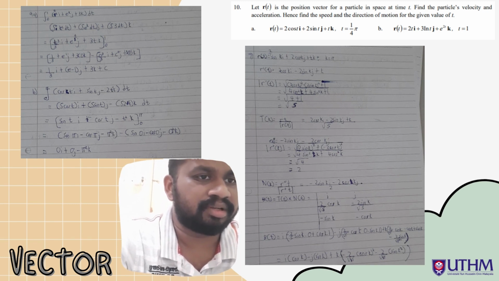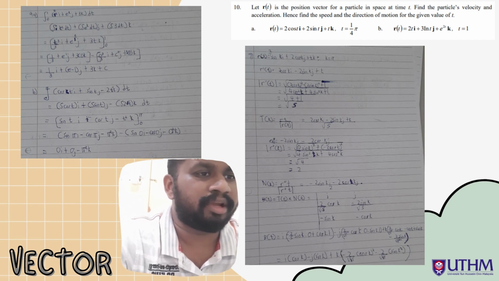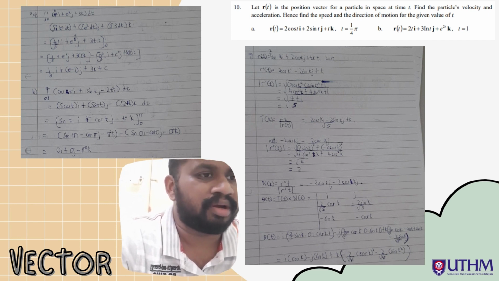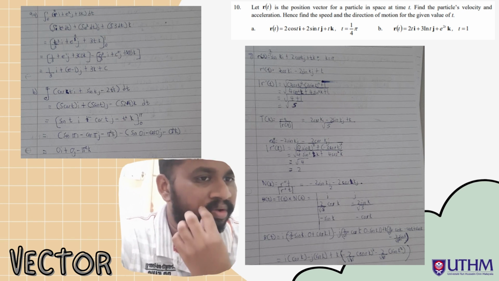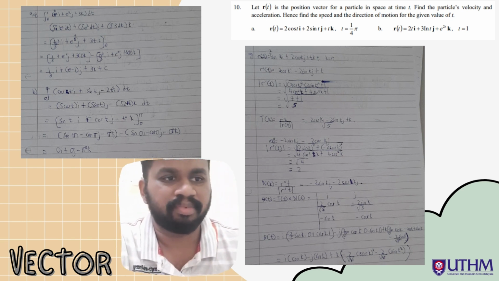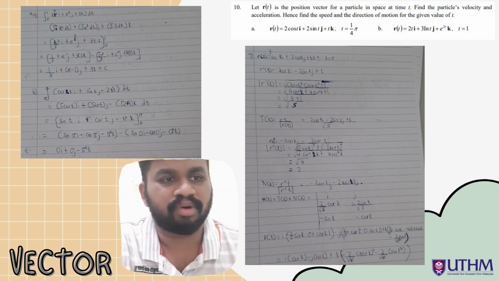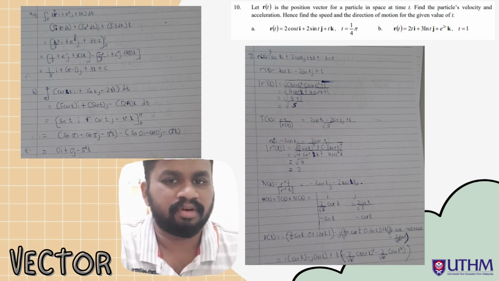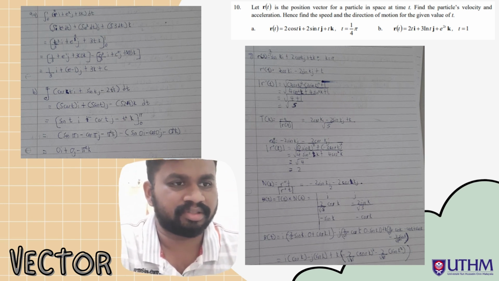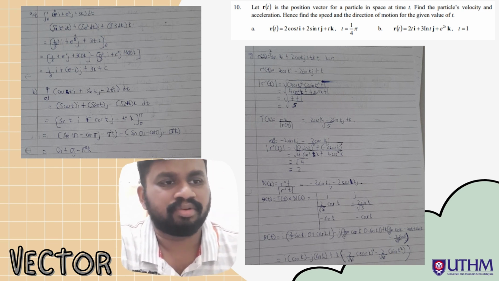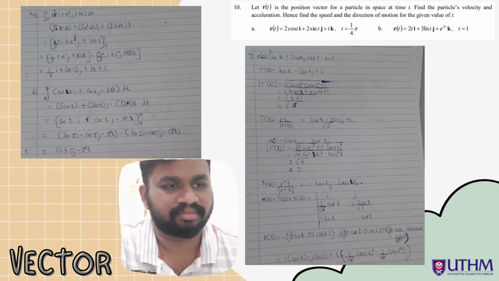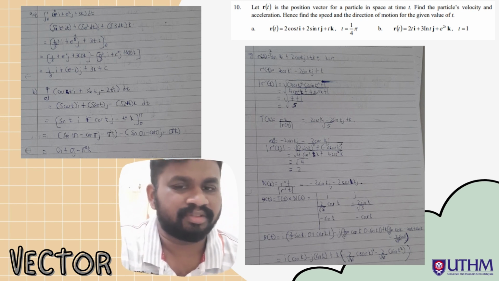After this you get the speed, the magnitude of r prime, equals the square root of (negative 2 sin t) square plus (2 cos t) square plus 1 square. So this equals 4 sin square t plus 4 cos square t plus 1. At the end of the day you take out the 4, you get 4 times (sin square t plus cos square t), so plus 1. So you get the answer, the square root of 5.